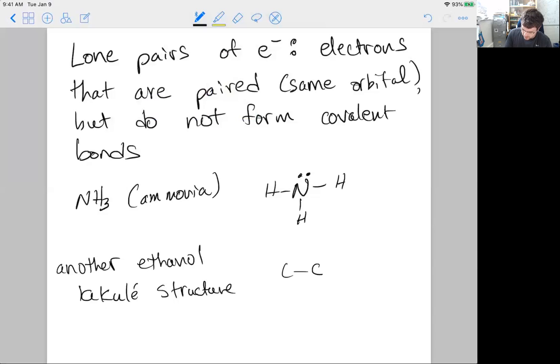Another ethanol Kekule structure could be one where the lone pairs of electrons, I can use that term now, those paired up electrons that are not shared with another element, can change positions and be in different quadrants around the atom. That doesn't matter, okay? Those lone pairs can be at the top, bottom, left, right, north, south, east, or west, whatever you want to do. Just as long as they're there, they're drawn when you're considering Kekule structures and Lewis dot structures both, and you don't forget about them.